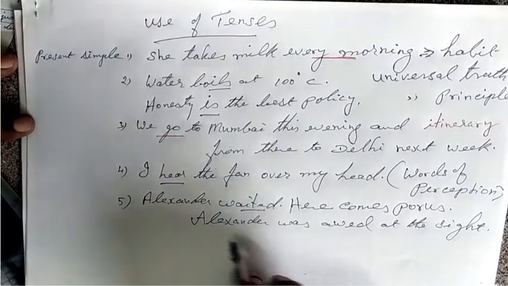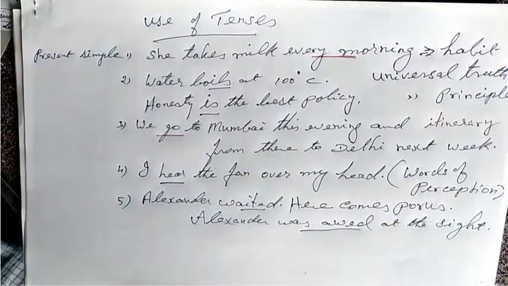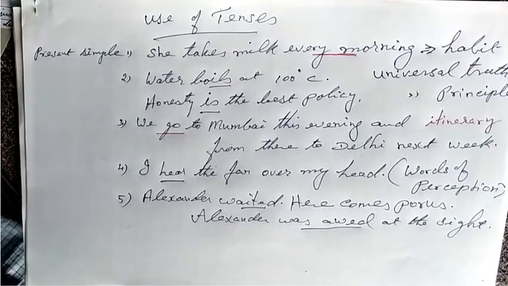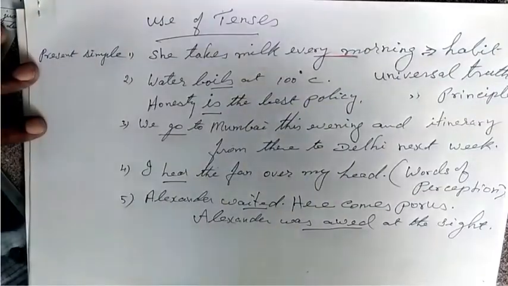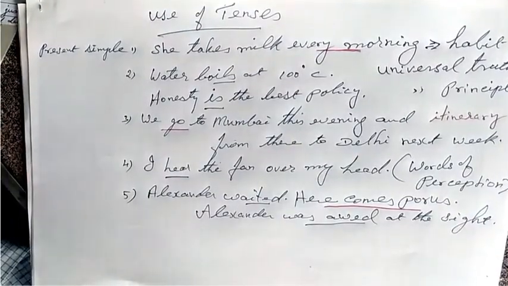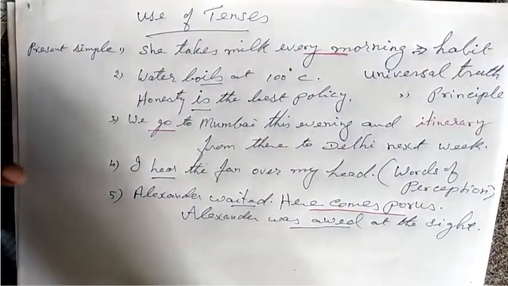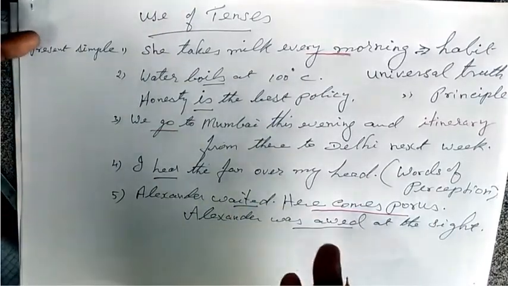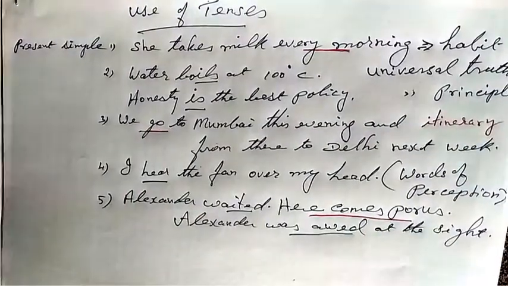And then here Alexander was awed. He was awed. He was filled with great respect. Both of which are in past tense. But right in the middle of it, I wrote, here comes Porus. To the entire story, when I say here comes Porus, it gives a sense of reality, as if the whole scene is taking place right in front.